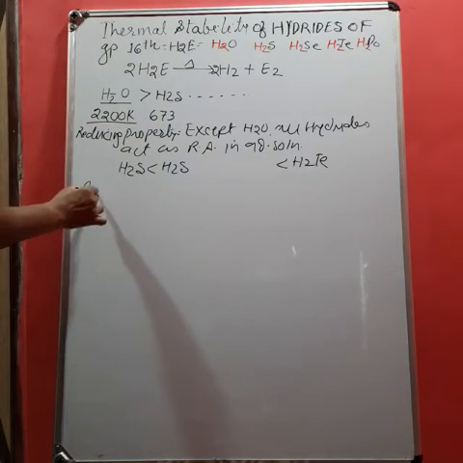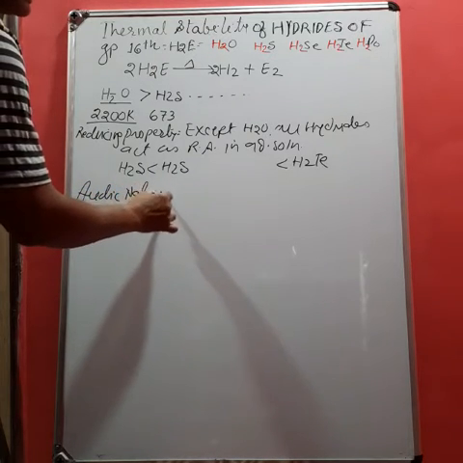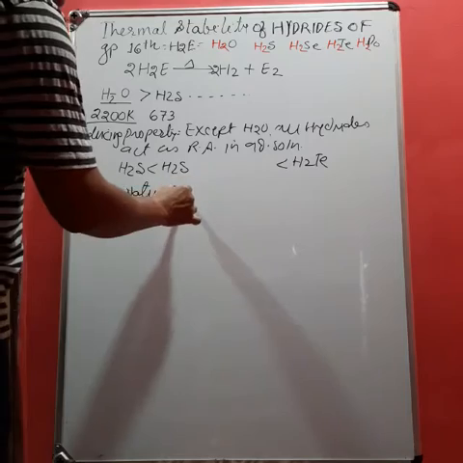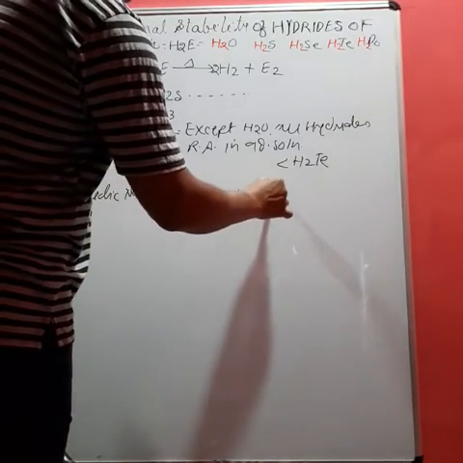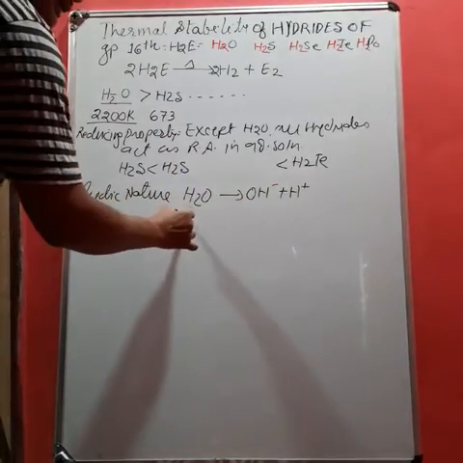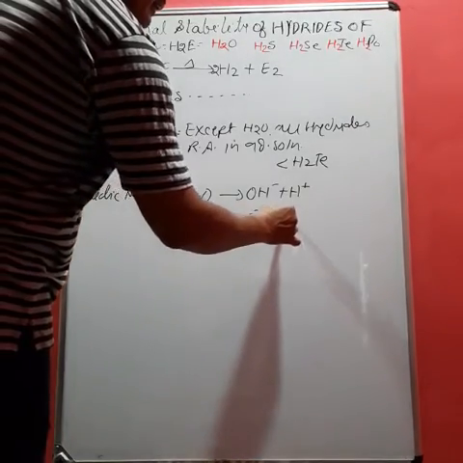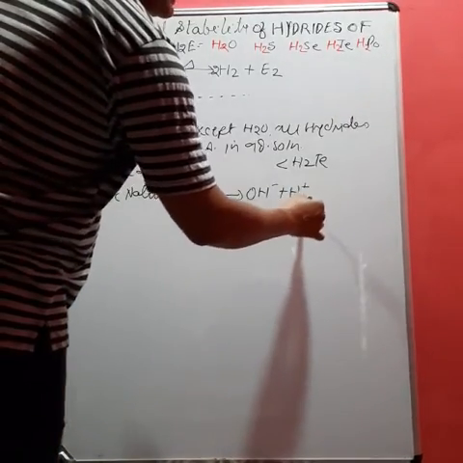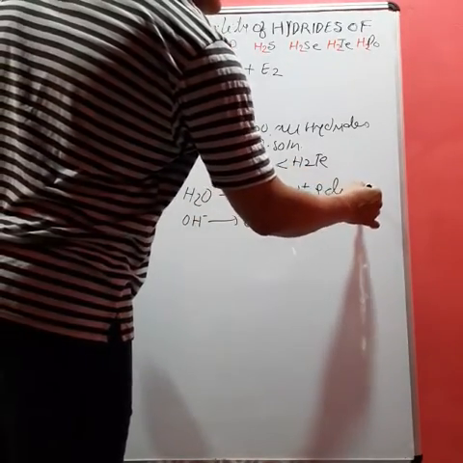Like here, next one, acidic nature. Acidic nature means what? When H2O dissociates, it gives OH anion plus H cation. But again, it has one more hydrogen, therefore it converts into O2 anion plus H cation. So these types of hydrides are called diprotic hydrides.